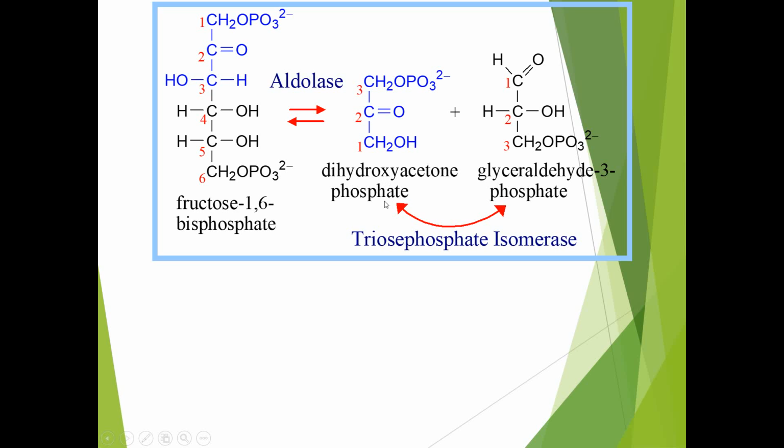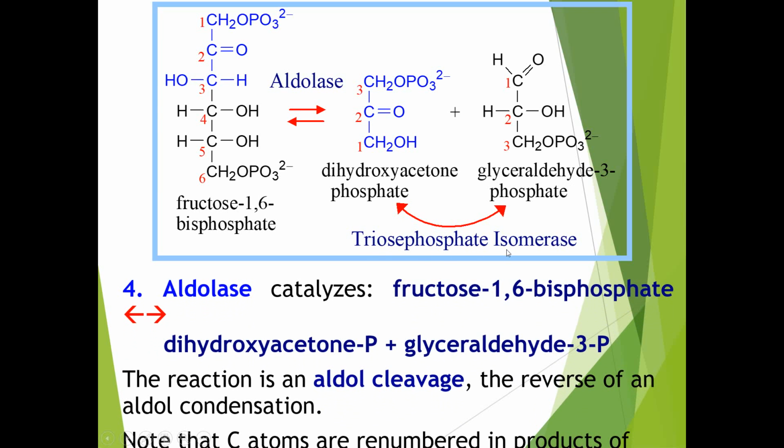These two molecules formed are interchangeable: dihydroxyacetone phosphate converts into glyceraldehyde 3 phosphate, and glyceraldehyde 3 phosphate also converts into dihydroxyacetone phosphate. For this conversion the triose phosphate isomerase enzyme is essential, and for further running of glycolysis we require the glyceraldehyde 3 phosphate molecule.